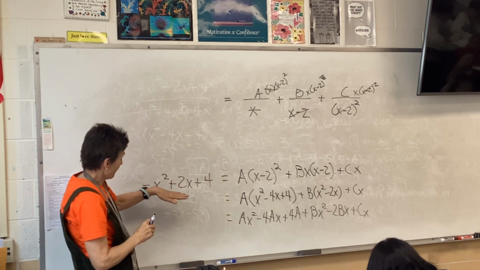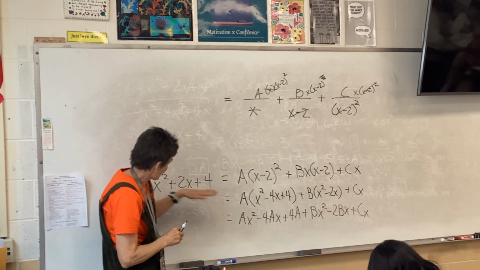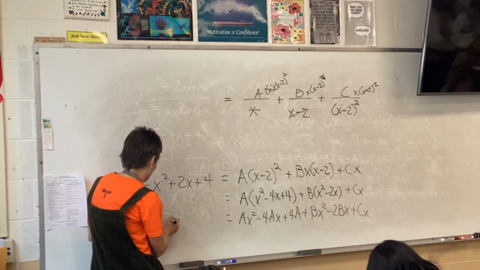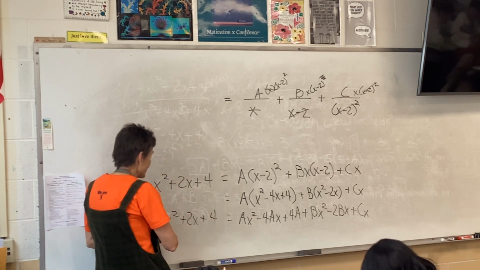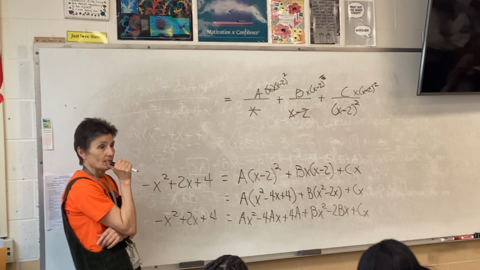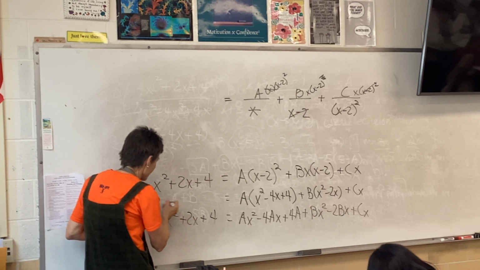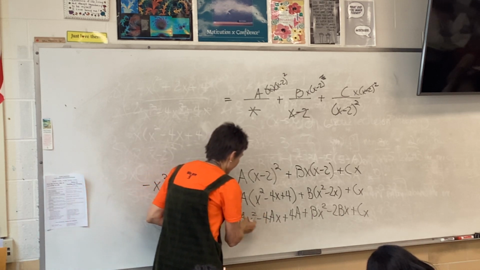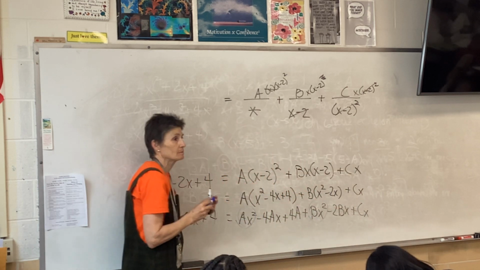Now, remember, this is an equation. So this equals this. So if these things are equal, don't all of the x squareds on each side have to match?